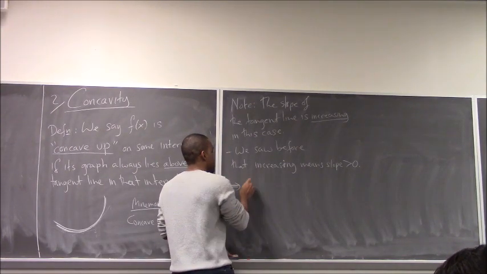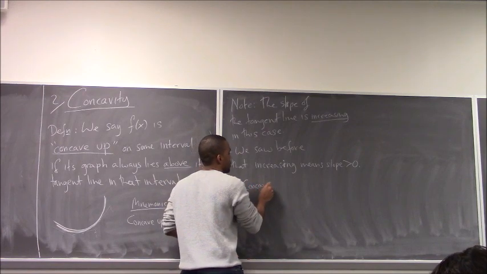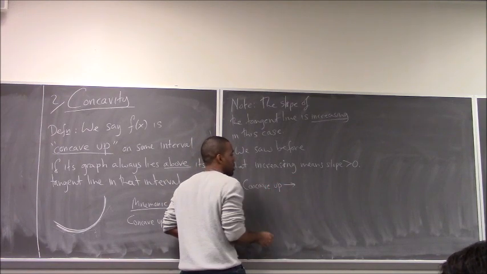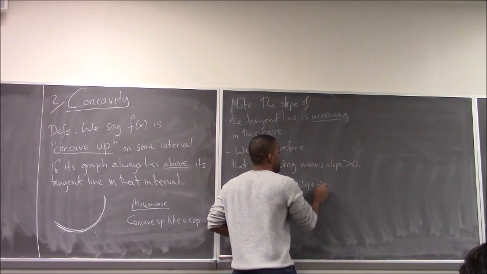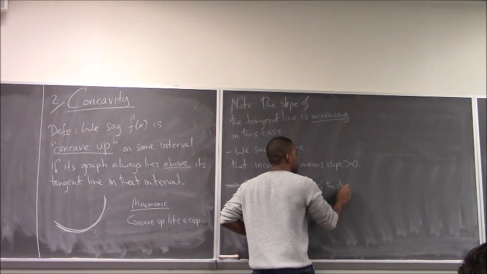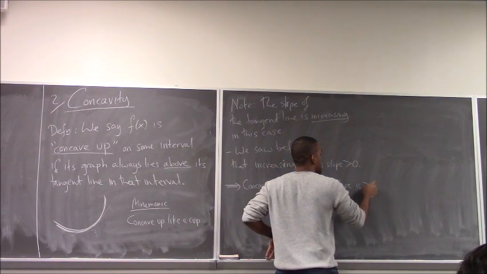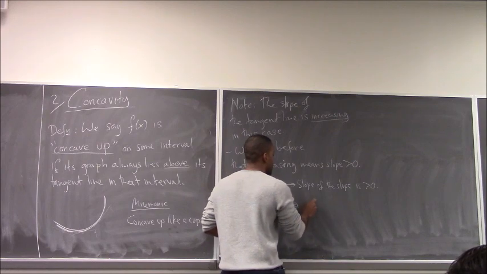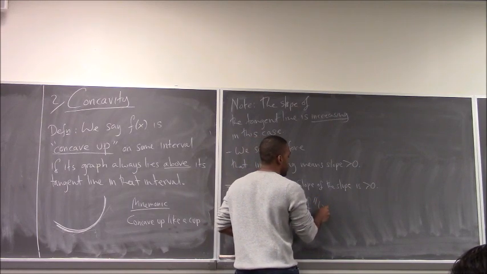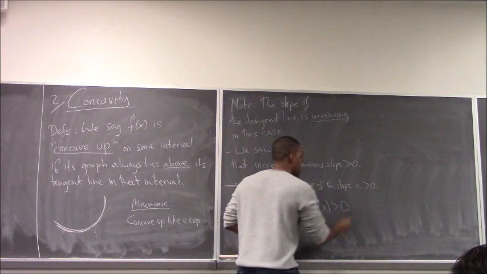This means that if you're concave up, the slope of the slope is positive. In other words, this is me saying that the second derivative of my function will be positive.